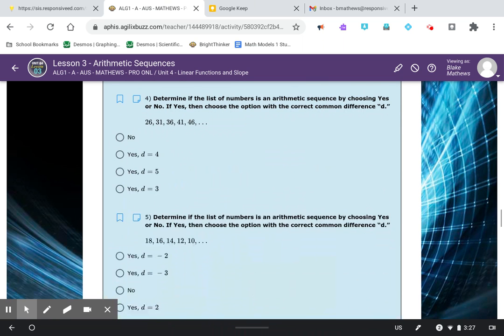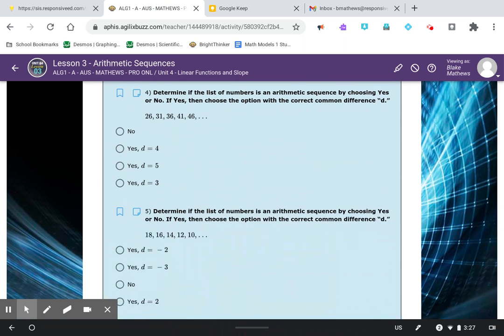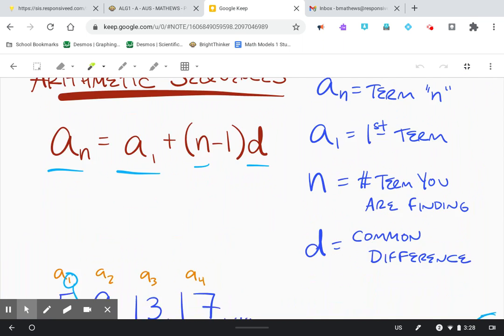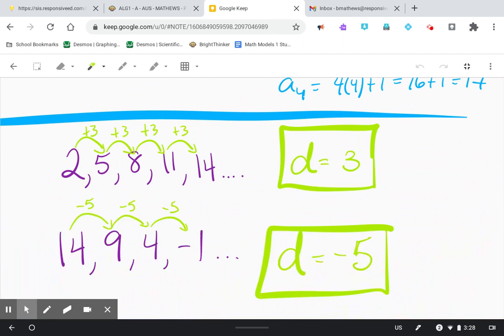Starting with number 4, determine if the list of numbers is an arithmetic sequence by choosing yes or no. If yes, then choose the option with the correct d, common difference. The way you know if it is or isn't is if every change from one number to the next is the same. Like I showed you, each of these had a change of the same amount: 3, 3, 3, 3, 3, negative 5, negative 5, negative 5.